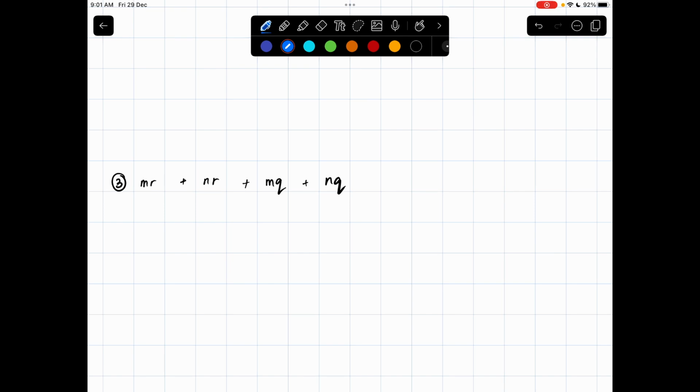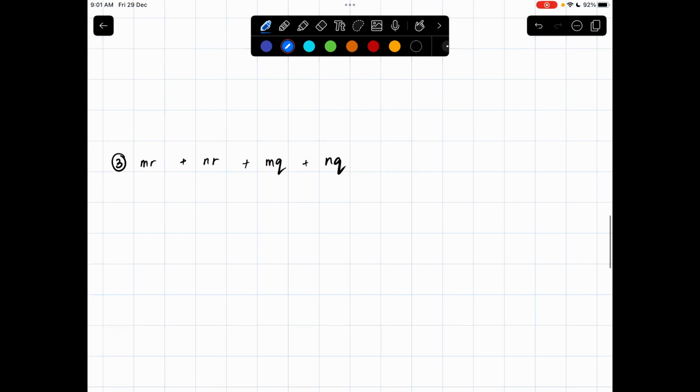So what you do is you break them apart into two pieces of two and two. And you use the first method again, where you take out the common factors of this separately and this separately.